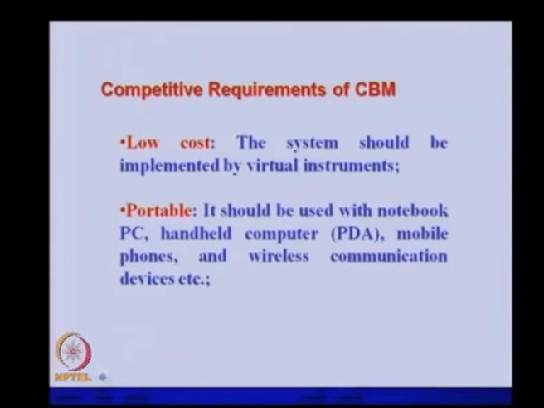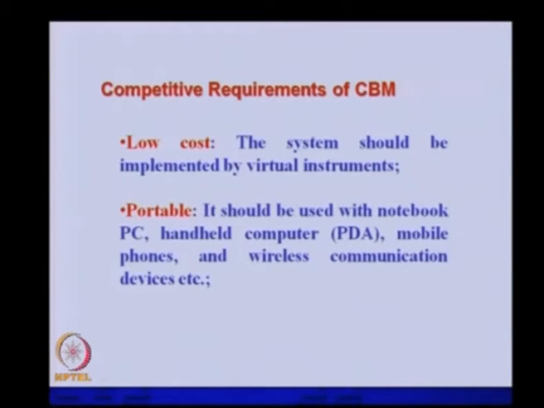Apart from this, there are some other requirements of condition based monitoring which we may look into. One is low cost. The system should be implemented by virtual instruments, so we should have a low cost CBM program.